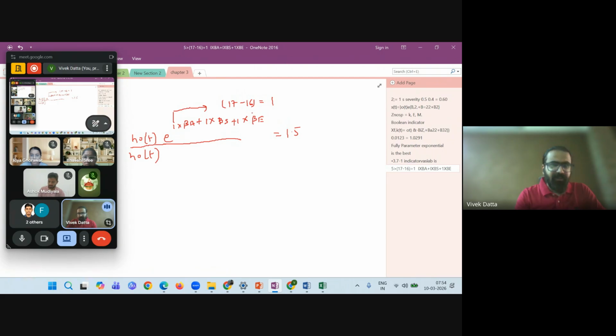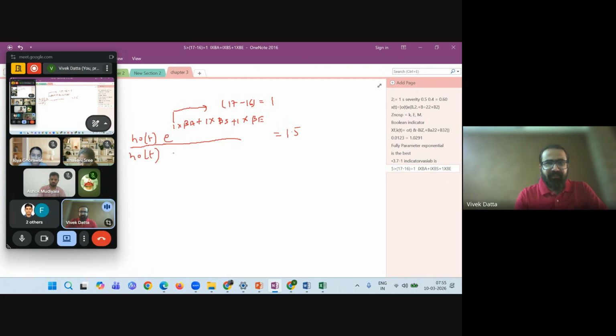Yes, so here every bit is there. All the three indicators, all the three covariates, are 1. Upon a male who started claiming benefit age 16 but who has not passed the mathematics exam.